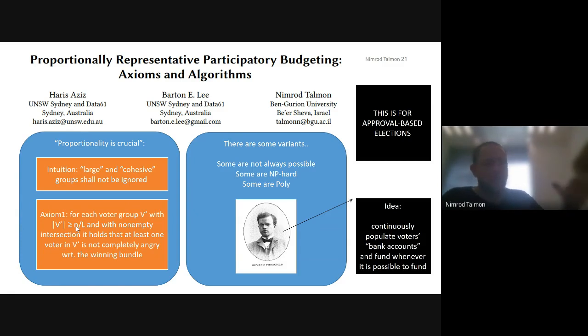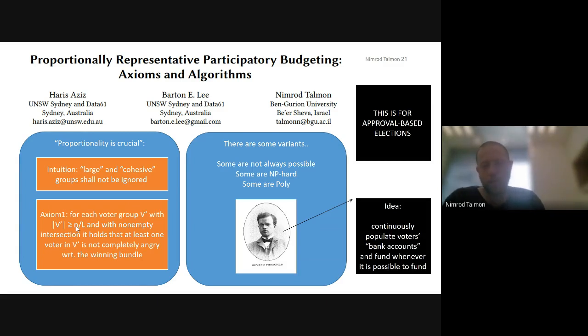And now we continue, and we could show that this continuous bank account filling algorithm that works on the ideas from Fragment really satisfies these kinds of proportional axioms, which means that it could really achieve proportional bundles. So this is a different kind of algorithm that has different properties than the other algorithm, because it selects proportional bundles and not majoritarian bundles.